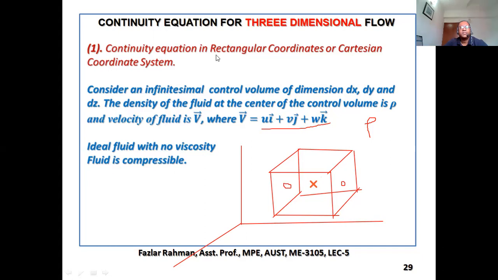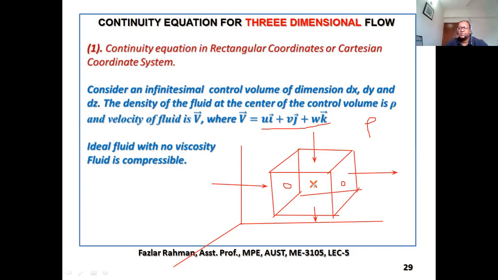I'm thinking that some fluid enters along the x-axis and leaves the control volume. Similarly, some fluid enters from the top along the z-axis and leaves through the bottom, and similarly along the other axis.